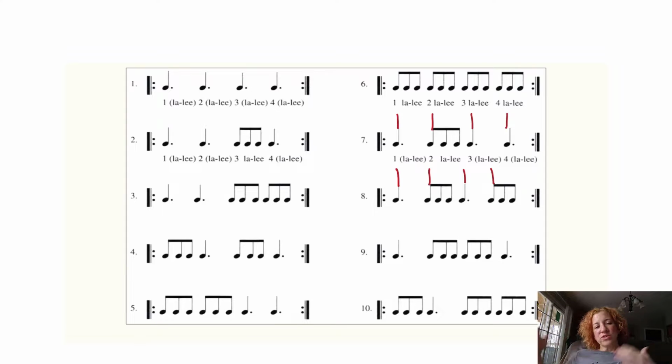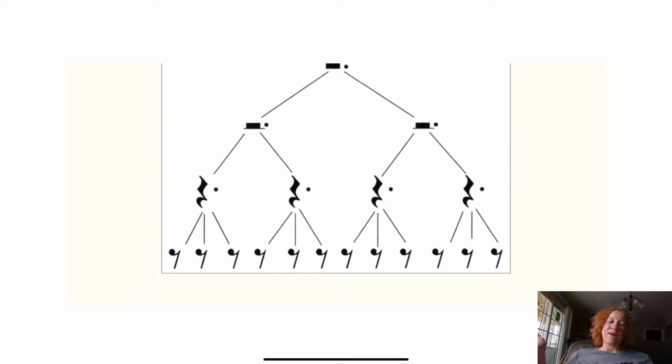Now, just like we can have dotted notes, by the way, we can have dotted rests, right? Here is the rest tree, dotted whole rest at the top, going down to the dotted half rests, dotted quarter, and dotted 8th rests.